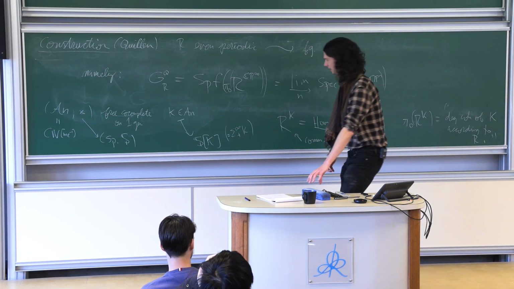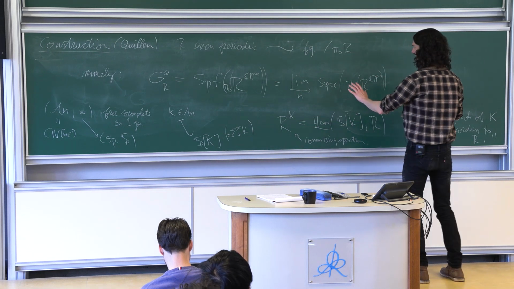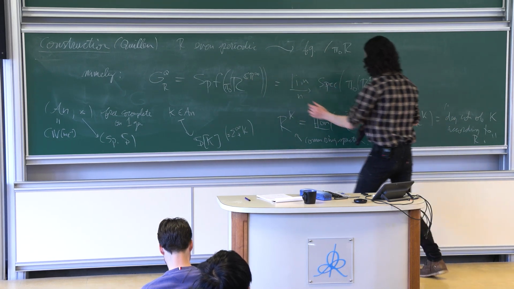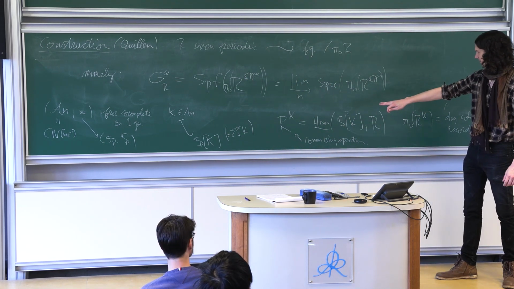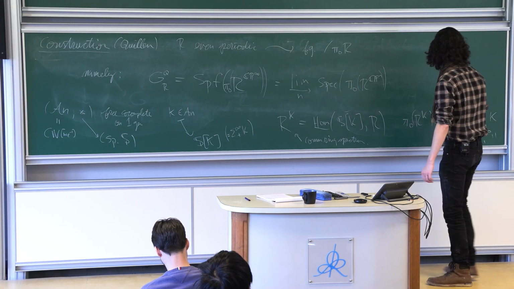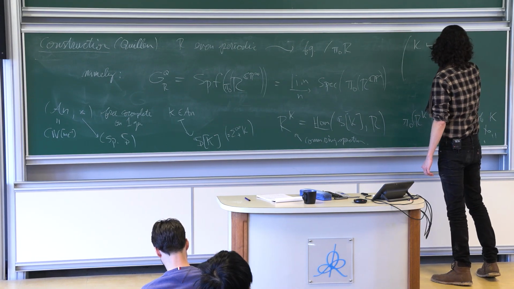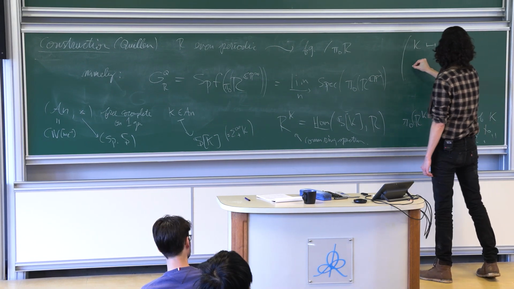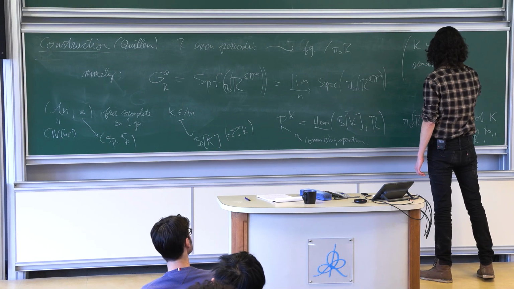Okay. So CP infinity, note that this cohomology theory, K goes to R to the K, is really a cohomology theory, so it sends colimits to limits.